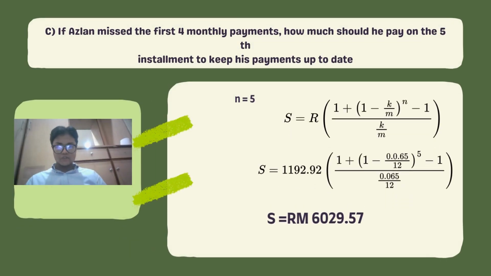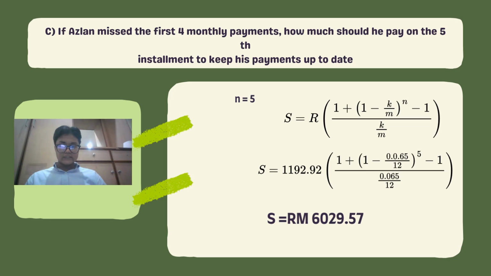If Azlan missed the first 4 monthly payments, how much should he pay on the 5th installment to keep his payment up to date? From this question, we have to use the future value formula, which is S equals R bracket 1 plus 1 minus K over M N equal minus 1 divided by K over M. So we know that N is 5 because he paid on the 5th installment to keep his payment up to date. So we just add the formula back.